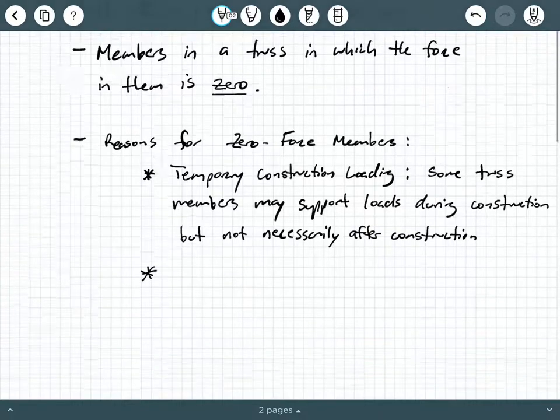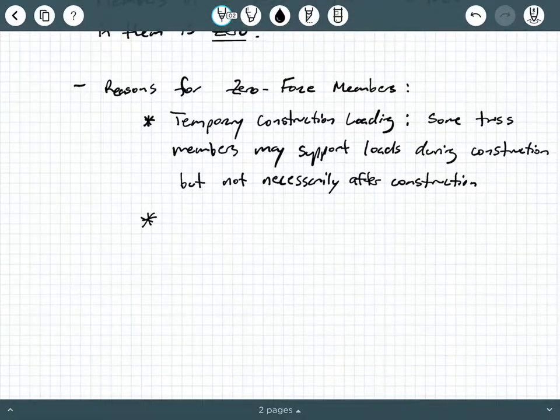Another reason why you may have zero force members as part of your truss system is due to the possibility of unexpected loading. So let's say that under ordinary circumstances, you have a certain couple of point loads on your truss, but maybe you're in a high seismic zone that could be subject to an earthquake.